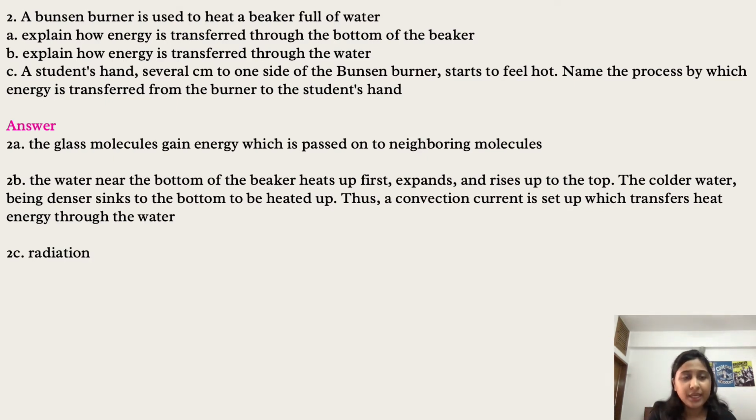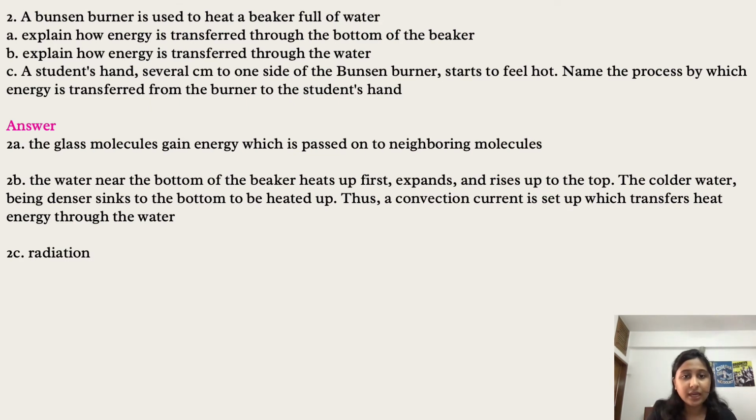Number B question is, explain how energy is transferred through the water. The water near the bottom of the beaker heats up first, it expands and rises up to the top. So the water at the bottom of the beaker gets heated first and then it expands and gradually rises up. The colder water, being denser, sinks to the bottom to be heated up again.